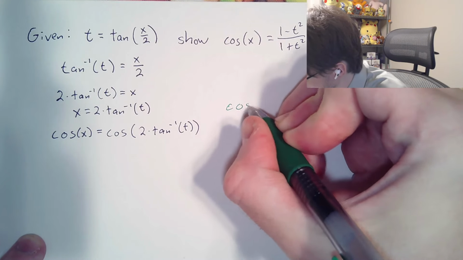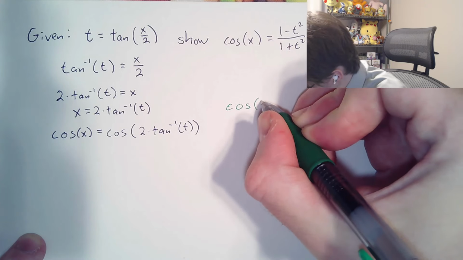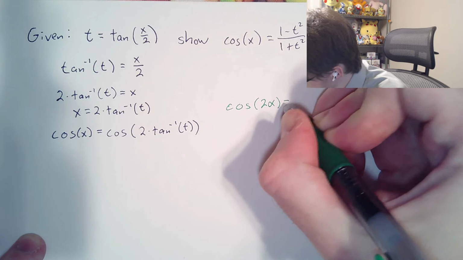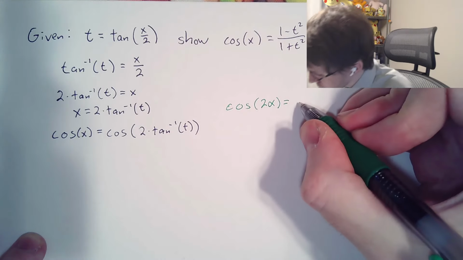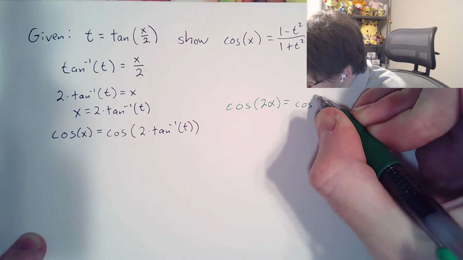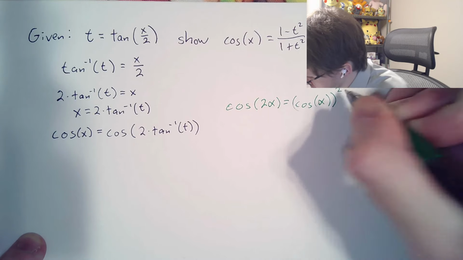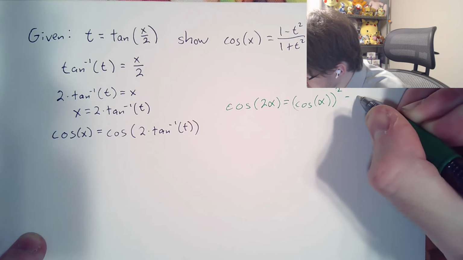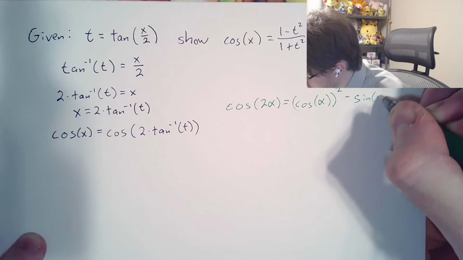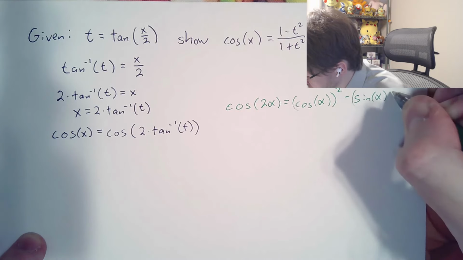We're going to say the cosine of 2 alpha turns out is cosine of alpha, squared, minus the sine of alpha, all squared.